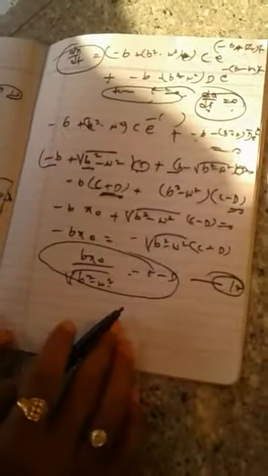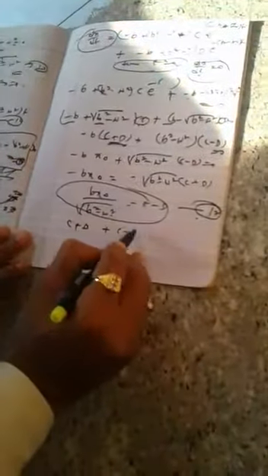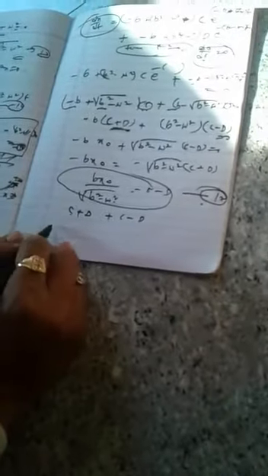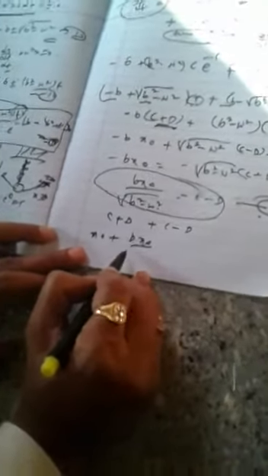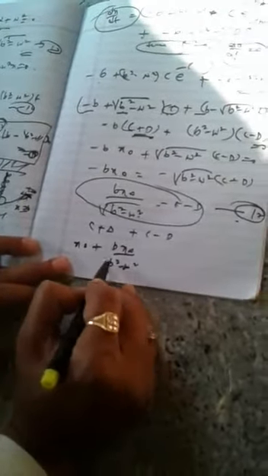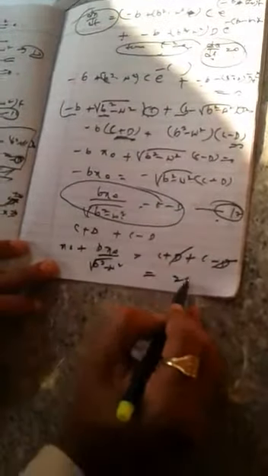c plus d is one equation and c minus d is another equation. Now adding both the equations, 17 and 16, that is c plus d plus c minus d. c plus d is x naught, plus b x naught divided by square root of b square minus omega square. c plus d plus c minus d gives 2c.